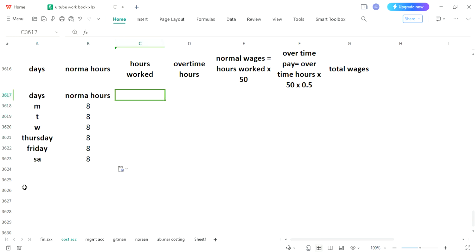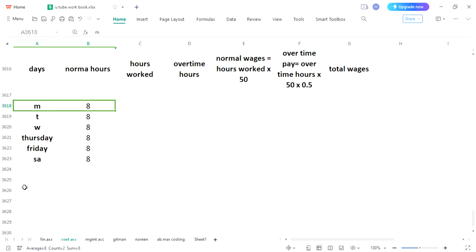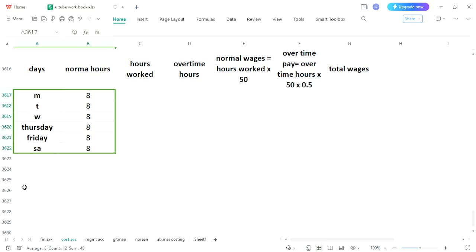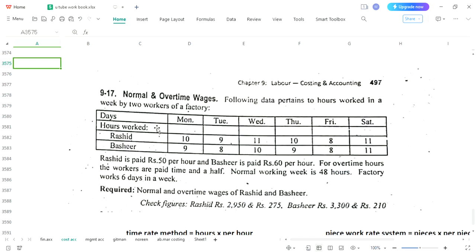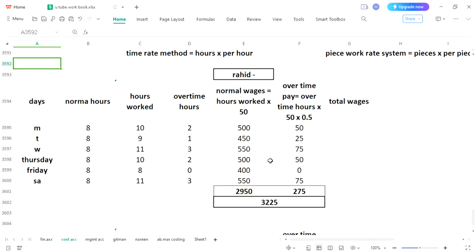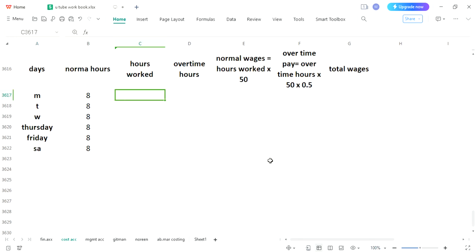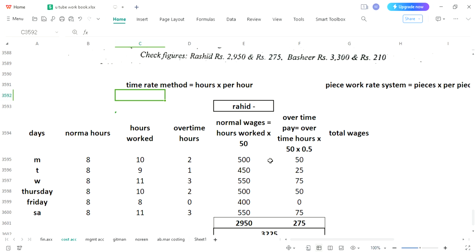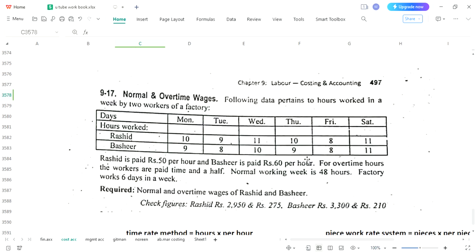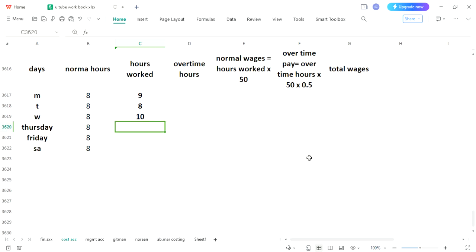Hours worked would be mentioned according to the hours given in your question. So come over here. Bashir had worked 9, 8, 10 for the first 3 days, and the second 3 days 9, 8, 11.